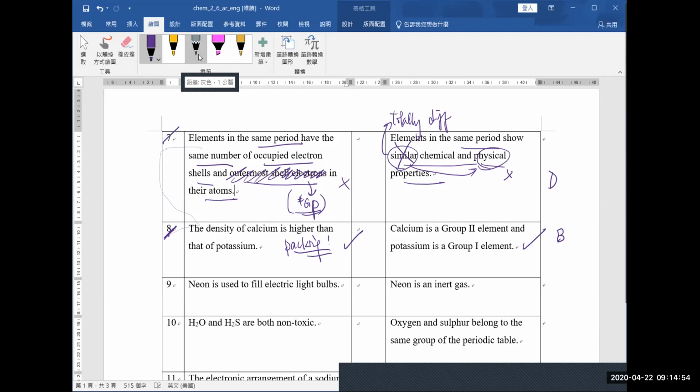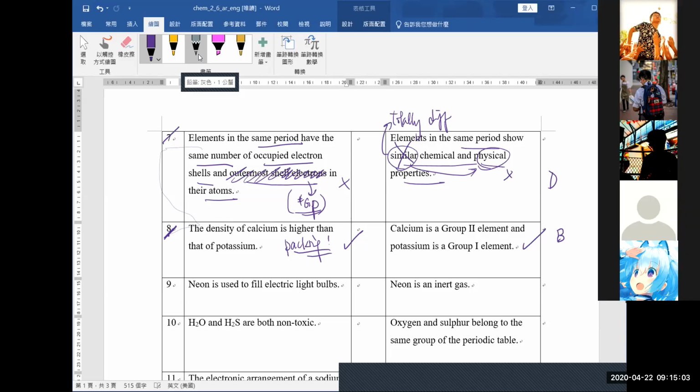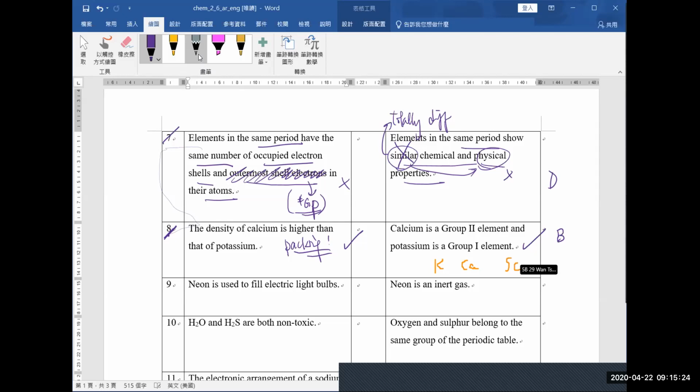I guess they're in different periods. Different periods? Calcium and potassium, take a look. No, same period, but different groups. What does it mean by period and group? Maybe you can refer to the periodic table, right?